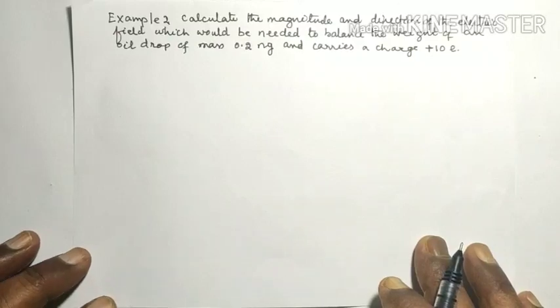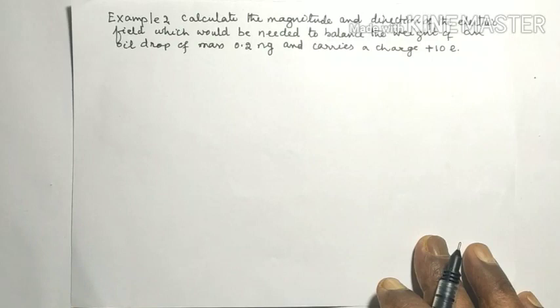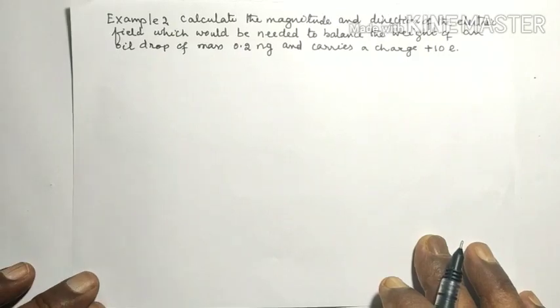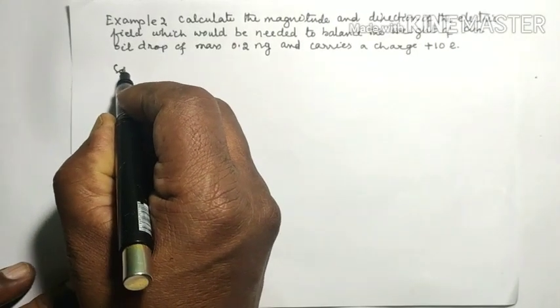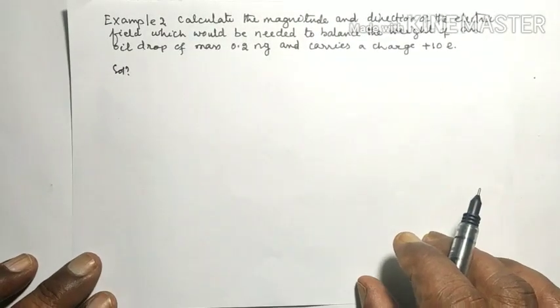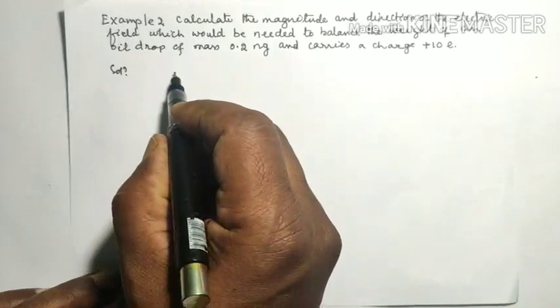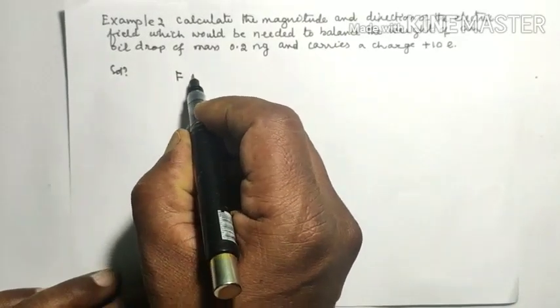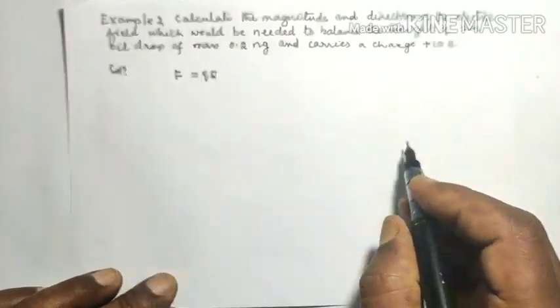Example 2. Calculate the magnitude and direction of the electric field which would be needed to balance the weight of an oil drop of mass 0.2 nanogram and carrying a charge plus 10 E. Solution. When a point charge is placed in an electric field, force exerted on the charge is F equal to QE.